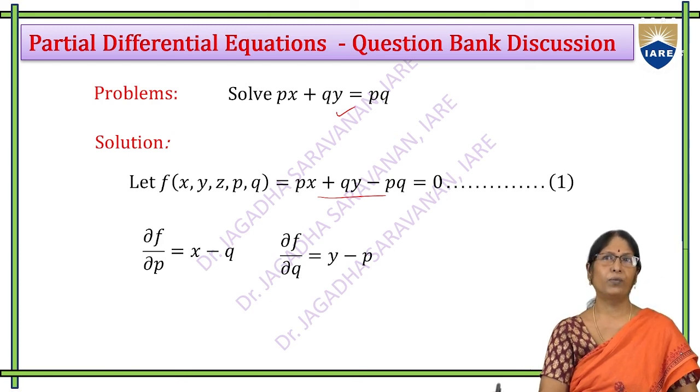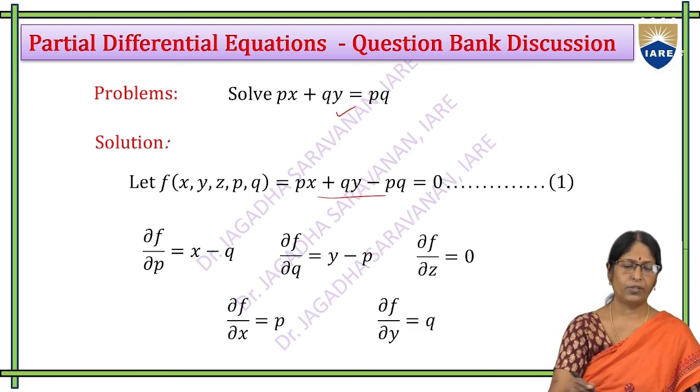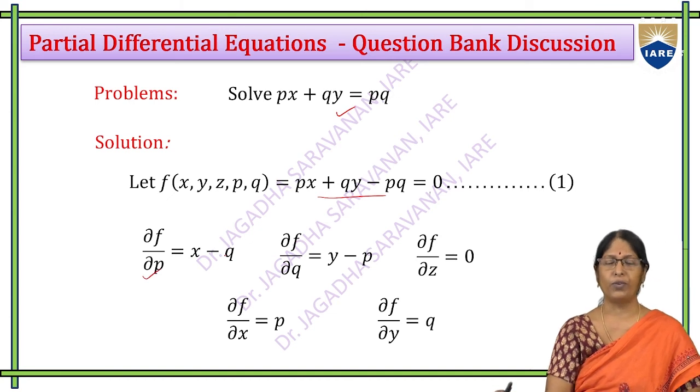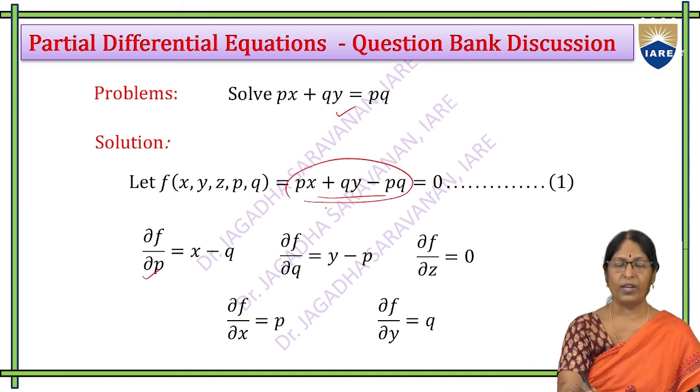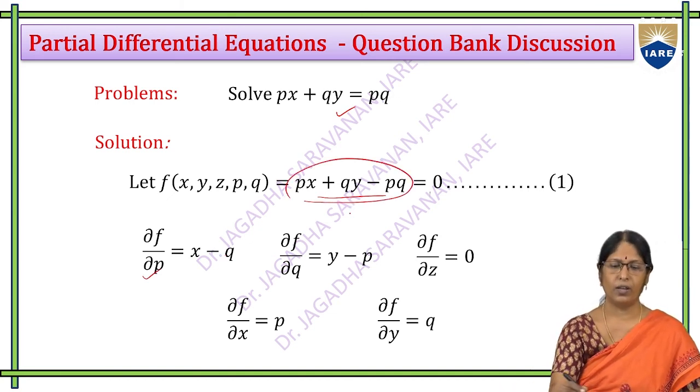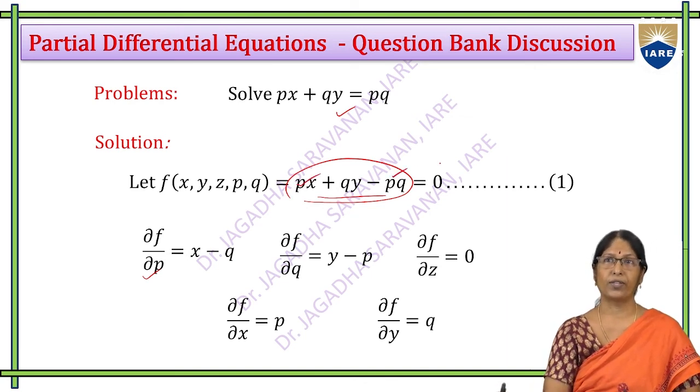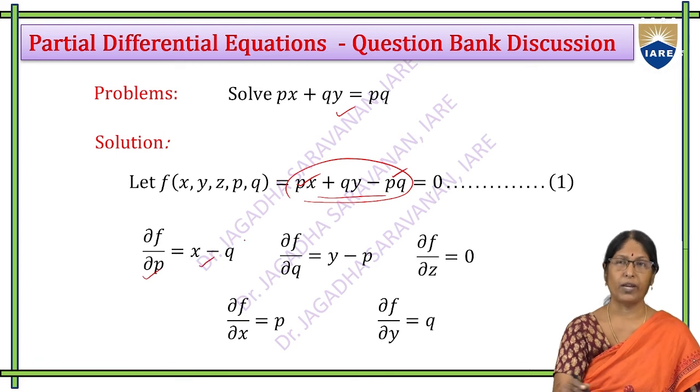Here we are going to use Charpit's method and substitute in the Charpit auxiliary equations. What terms are required? First we find dou f by dou p. We search in our given equation where p is there, 2 places, and doing the partial differentiation we obtain x minus q.